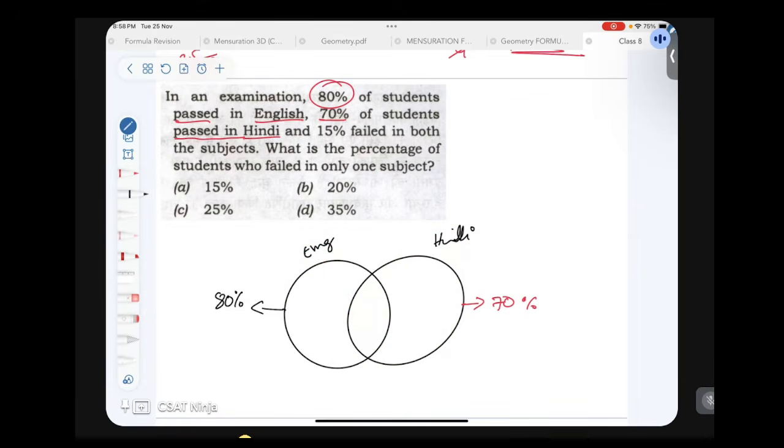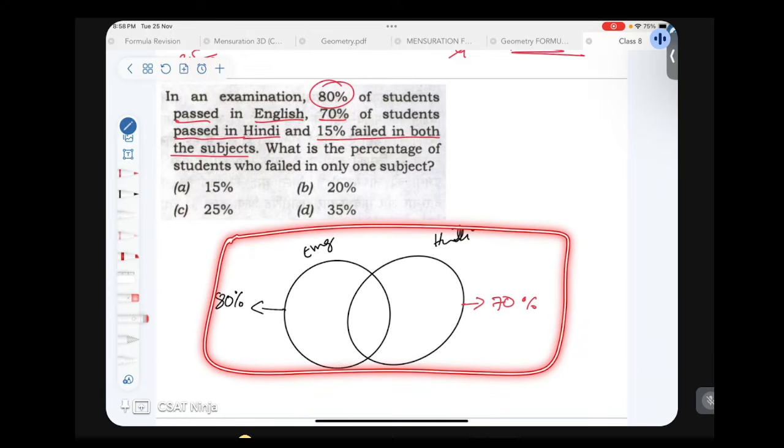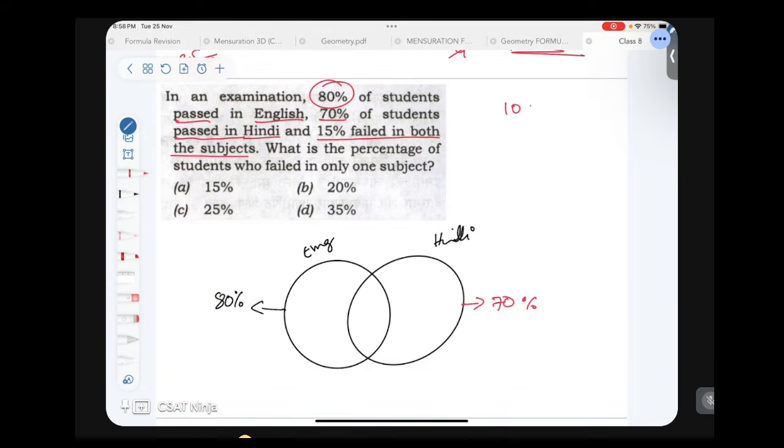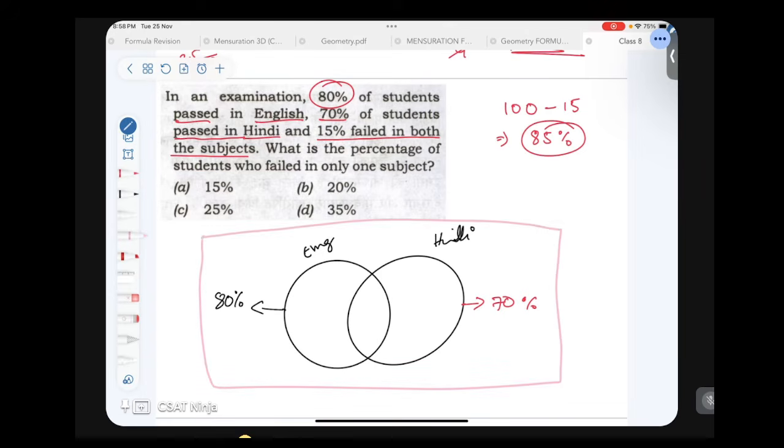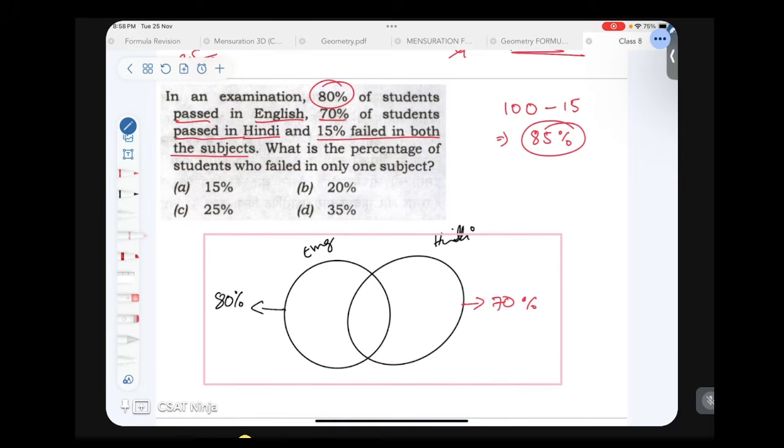What does the question say? 15% failed in both the subjects. That means the data here is about the ones who have passed. But from 100, I'll remove 15. Why am I removing 15? Because I'm removing the ones who have failed in both the subjects. So it will be 85.